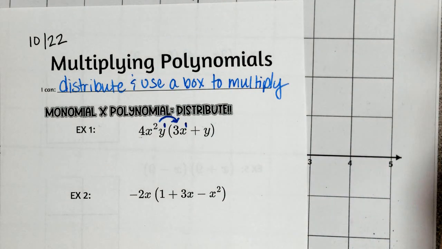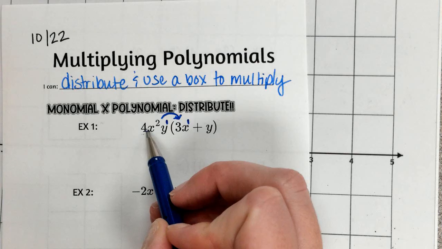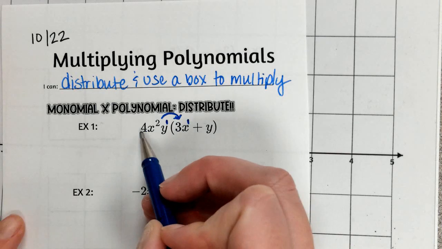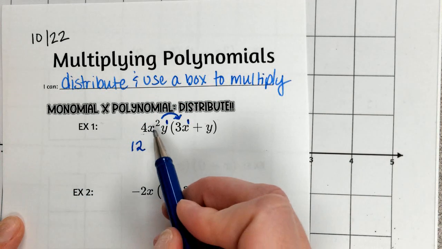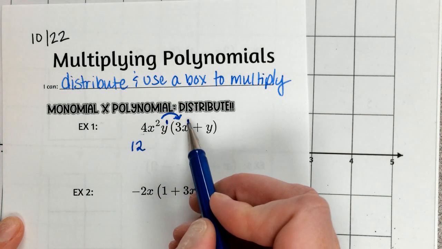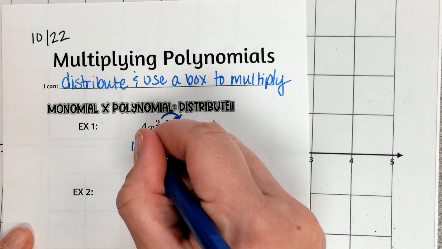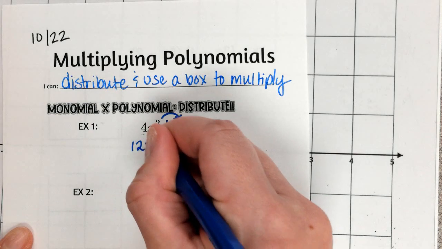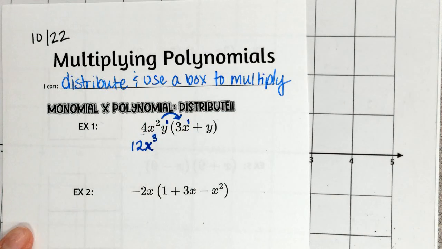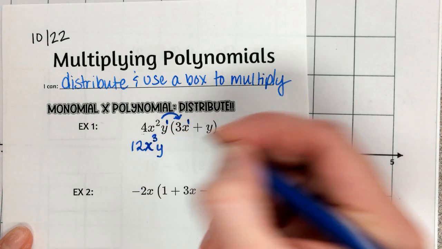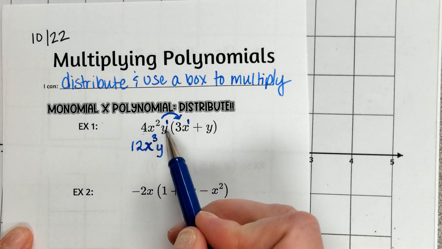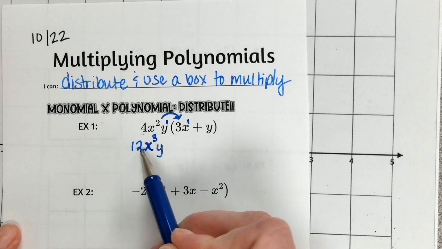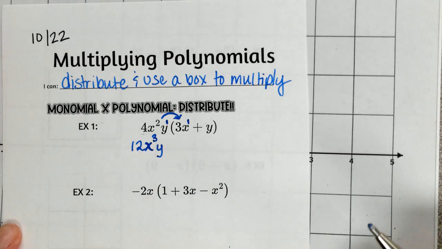That's just understood. So when I multiply 4 by 3, what do we get? 12. So I get 12 there. And then I have x squared times another x. Well, we just remembered that we add those exponents, right? So it'll be x to the power of 3. And then I just have y. There's no other y to multiply for that one. So 4x squared y times 3x makes 12x cubed y.